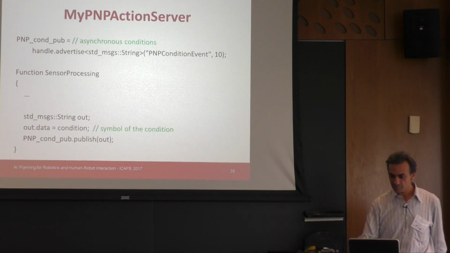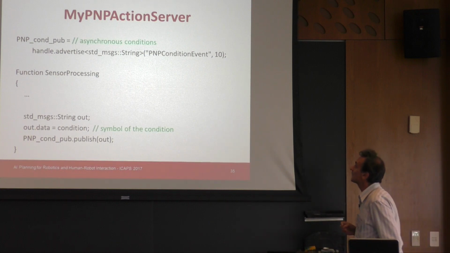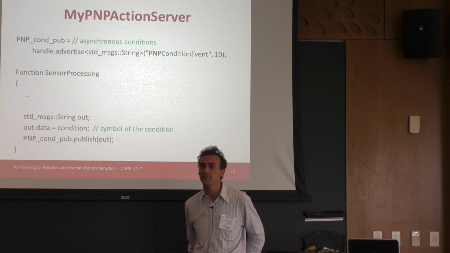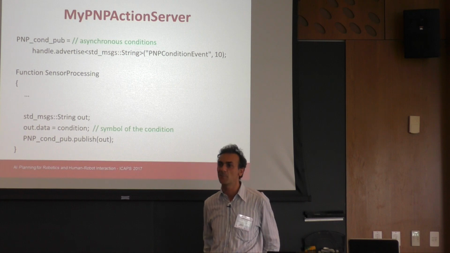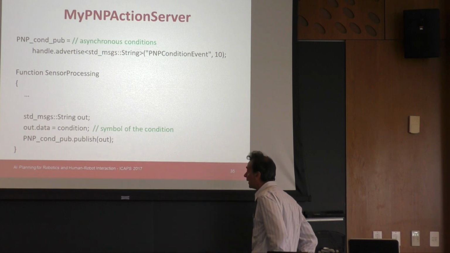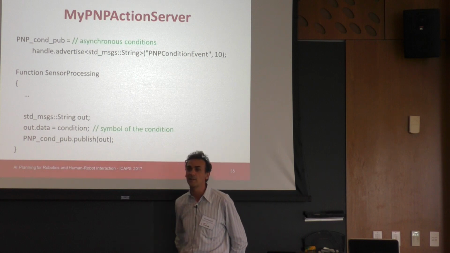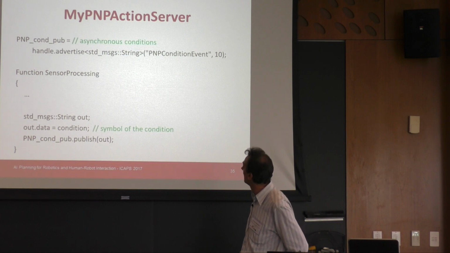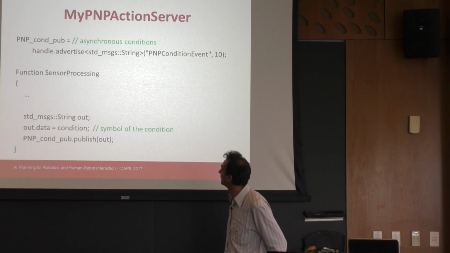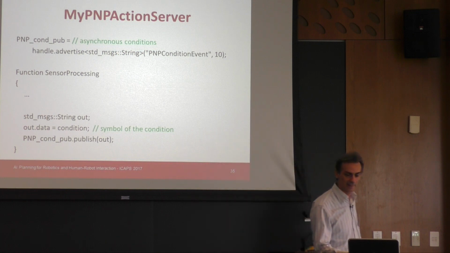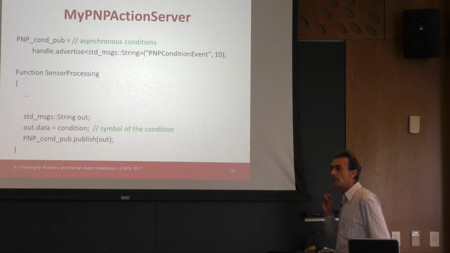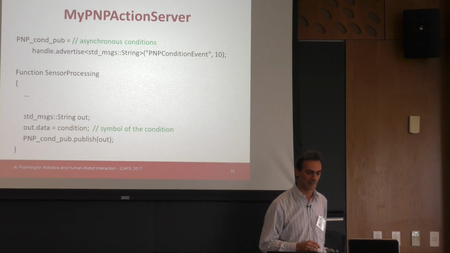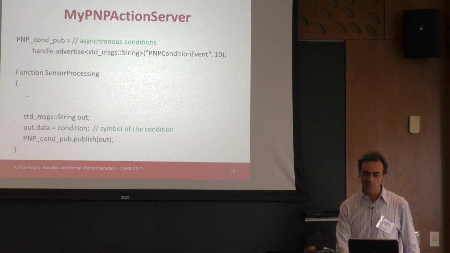And then in terms of conditions, you have to set the value of conditions that are computed by some processing modules on your robot. And this is done very simply, again, by using standard ROS functions. In particular, here we are using topics to send asynchronous events. So whenever a routine detects something that is relevant for the planner, you can write the name of this condition on a topic.